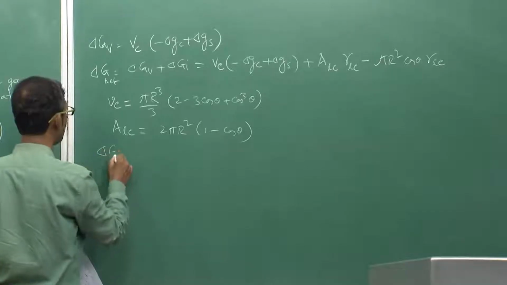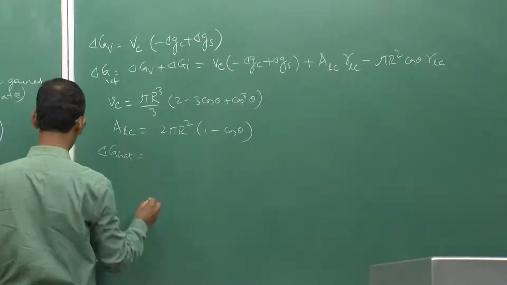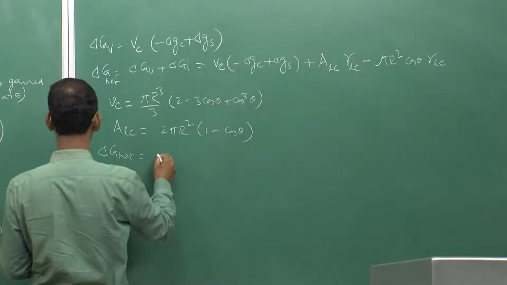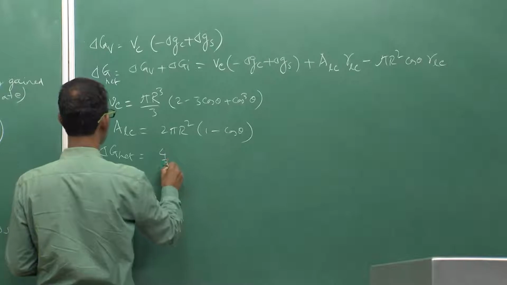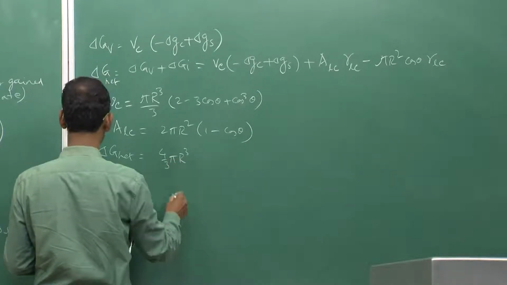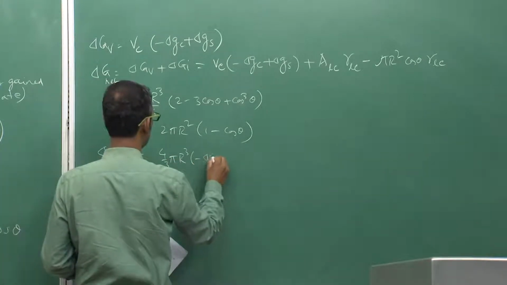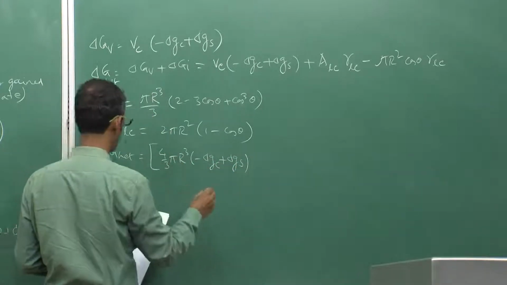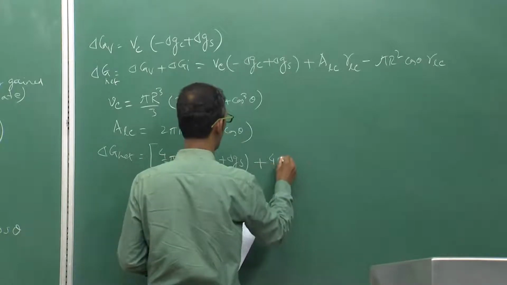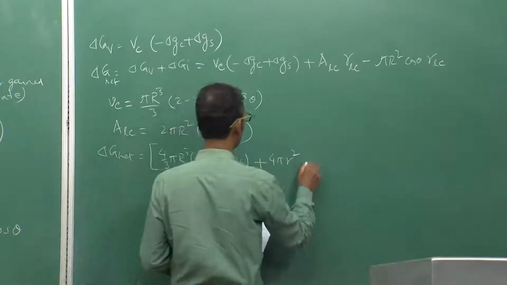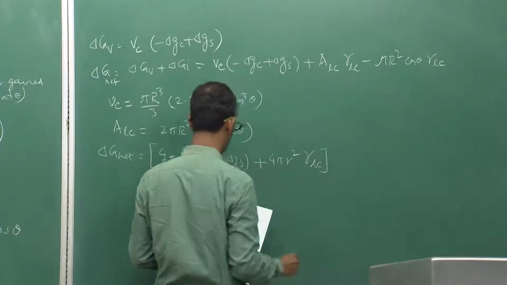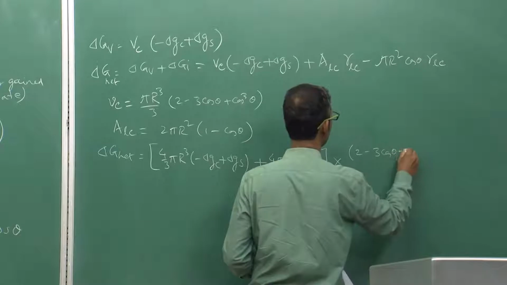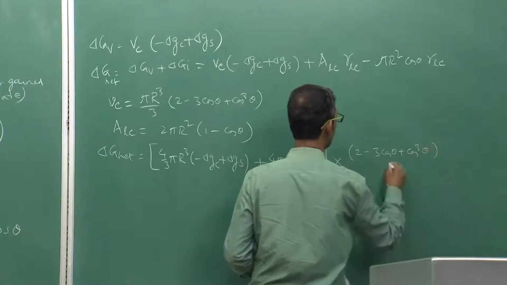So therefore delta G heterogeneous is equal to 4/3 pi r cubed (G_C plus G_S) plus 4 pi r squared gamma_LC multiplied by a factor (2 minus 3 cos theta plus cos cubed theta) by 4.